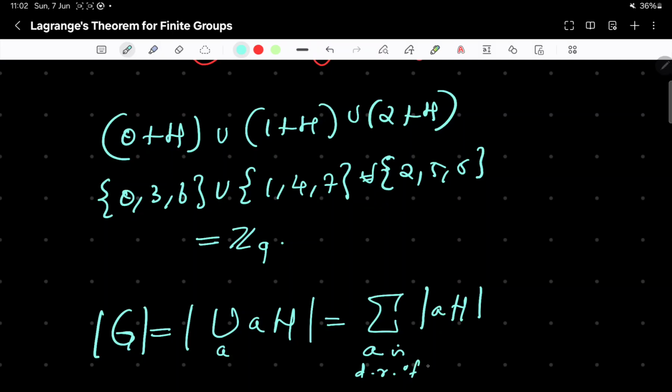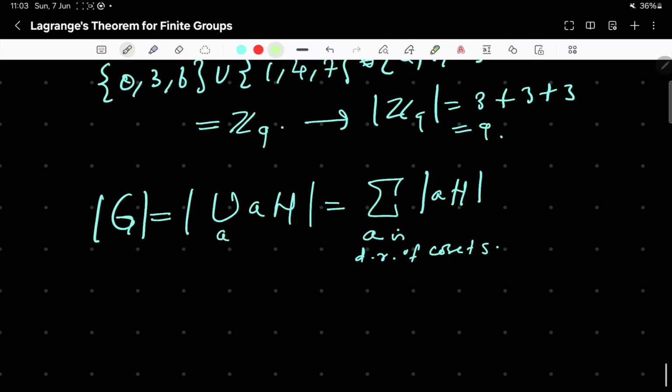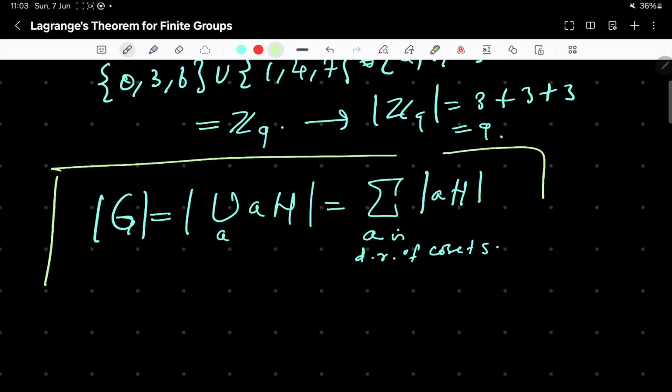So I will call it dr cosets. This is true, right? Here also you can see it is true, because Z9 can be written as 3 plus 3 plus 3, which is 9. Let's keep this in our mind.